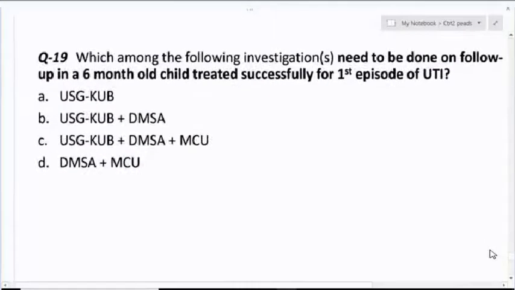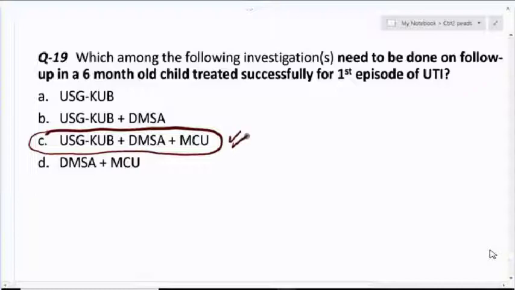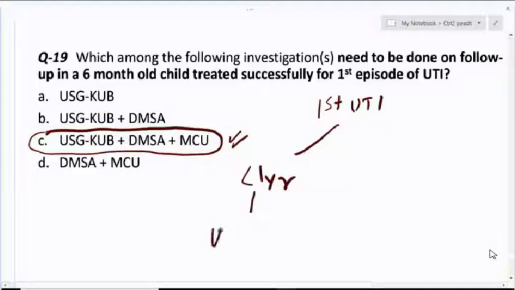Sometimes in our class we don't discuss the management of UTI, especially in a child less than 1 year. According to our Indian Society of Pediatric Nephrology guidelines, and in fact I am the current secretary of the society, any child who gets a first episode of UTI, if he is less than 1 year, we get all three: ultrasound plus DMSA plus MCU.